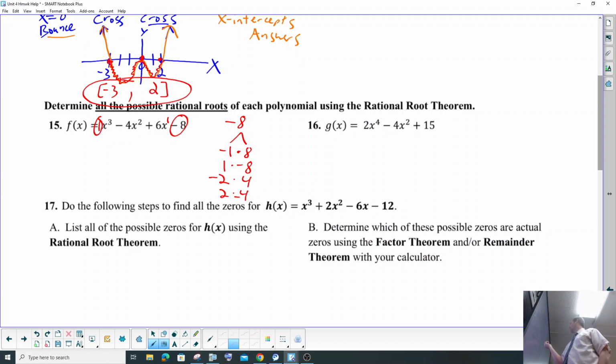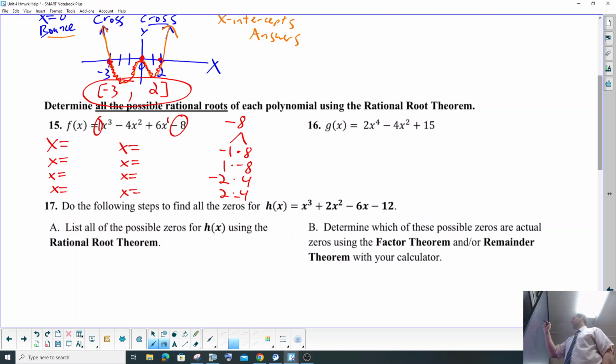And they're all divisible by 1. So we get 8 of them, right? We get x equals, whoa, so many possible ones that we have to go through and check and see which ones actually work. To see which one actually works, we have to check all these, and maybe a couple of them just to get us going, and then use synthetic division.